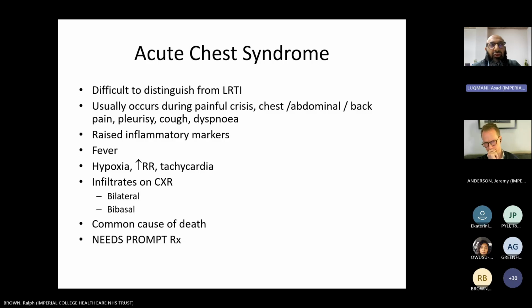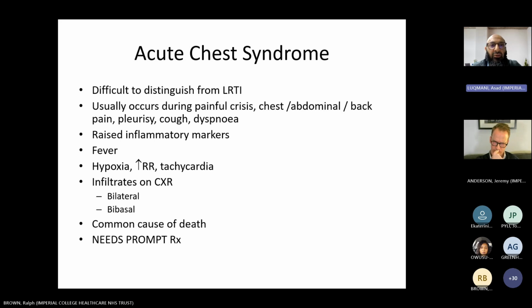And it's important to distinguish between chest pain and acute chest syndrome, because sometimes patients come in with acute chest pain due to sickling in the ribs or in the sternum, and they may call that having a chest syndrome or having a chest crisis.